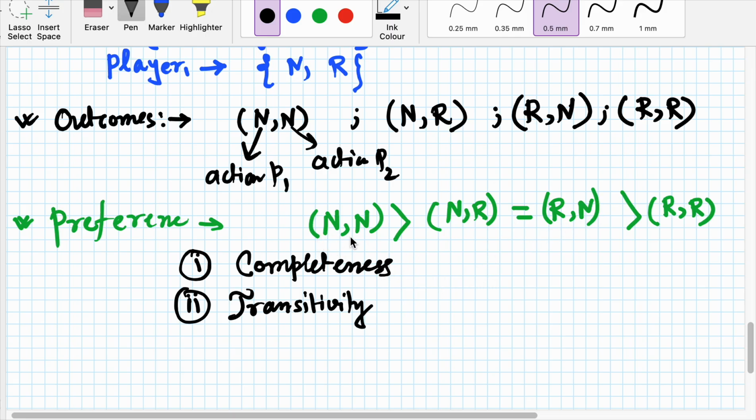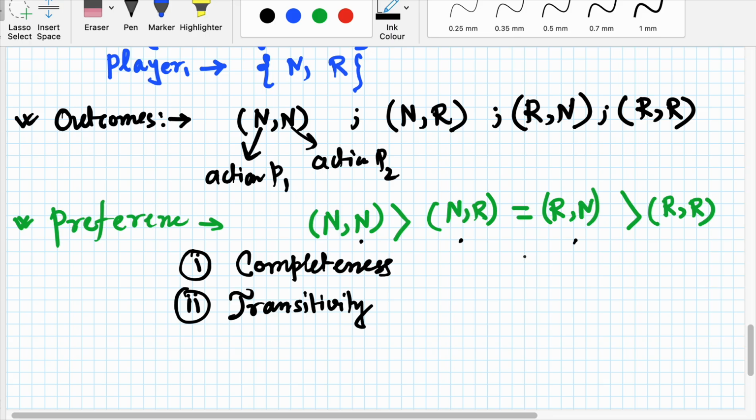Transitivity means any three items you pick. Since nn is greater than nr and nr is indifferent to rn, nn should also be greater than rn, so that is obvious. Similarly, pick any 3 or any 4 among them, and you will see that the preferences are transitive.